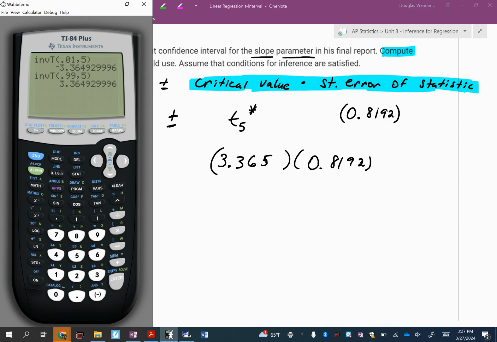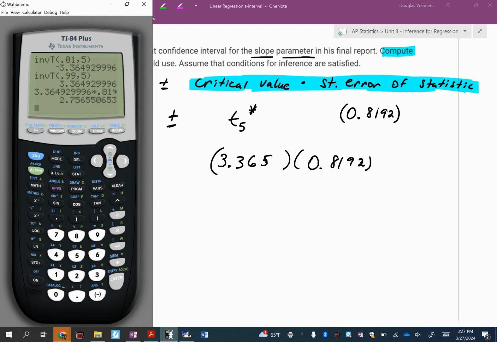Now multiply 3.365. Am I using the rounded one when I find the answer? No, right? So try to use the one that's not rounded. Times 0.8192. David just wanted to see if I could get a positive, and I did. You don't have to. Just ignore the negative.